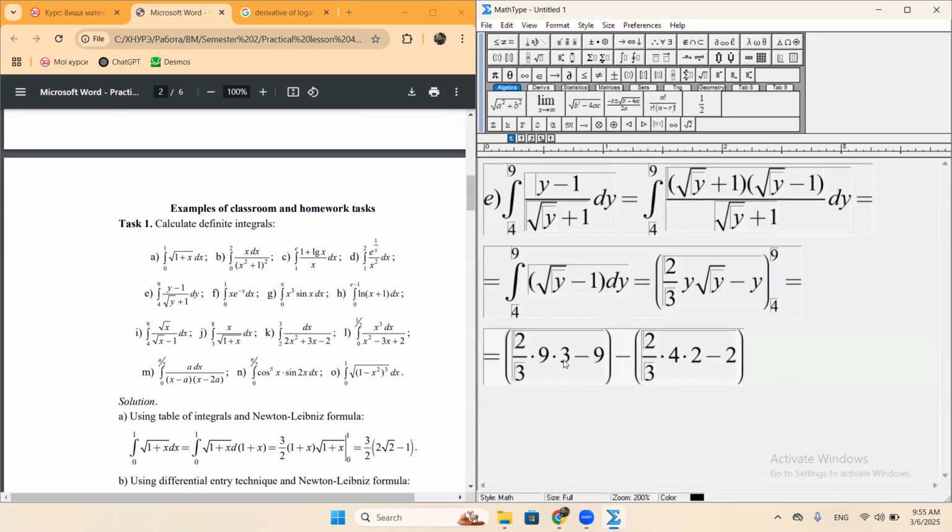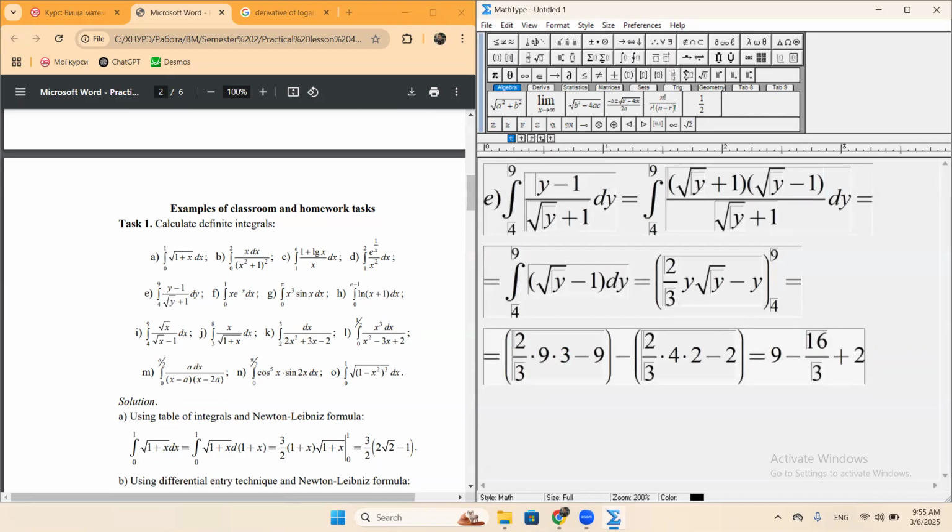Okay, so what do we have here? 18 minus 9, so it can be cancelled. So 18 minus 9, so 9 in these brackets. And here, minus 16 over 3 and plus 2.